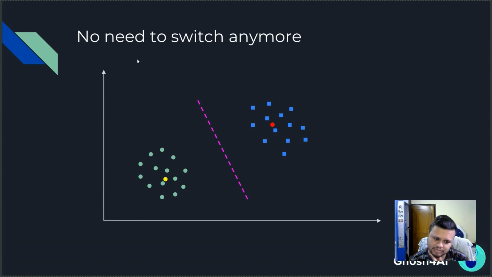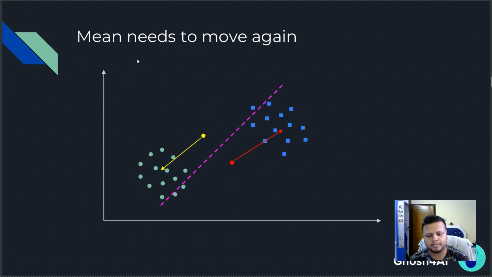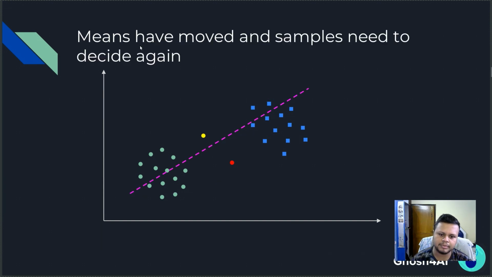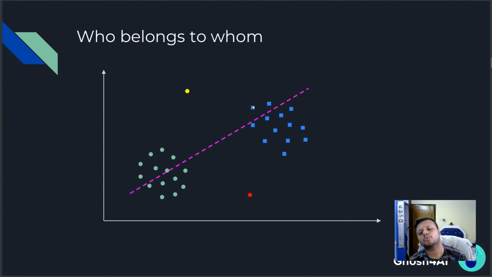Now what fuzzy c-means does is, when we were drawing this hyperplane, if you remember, all these captains were choosing which of the players are nearer to them. So if we have this blue square, just because it is a little bit nearer to the yellow sample, it belongs to the yellow sample, and because it's farther from the red sample, it cannot go to that side.